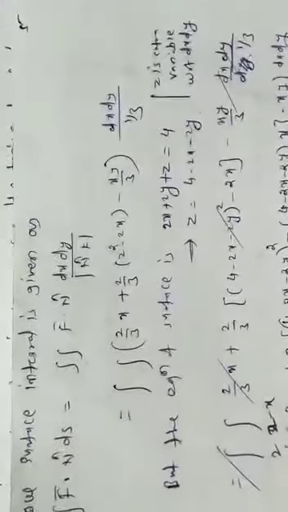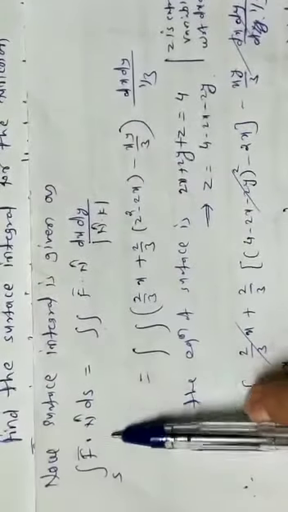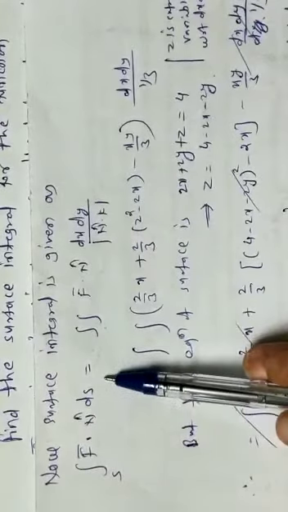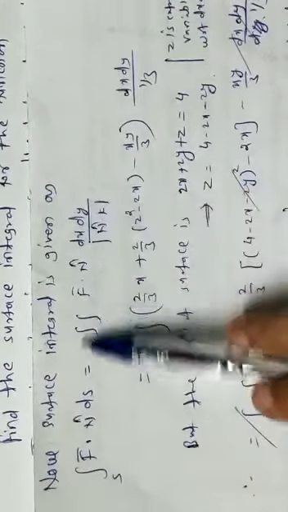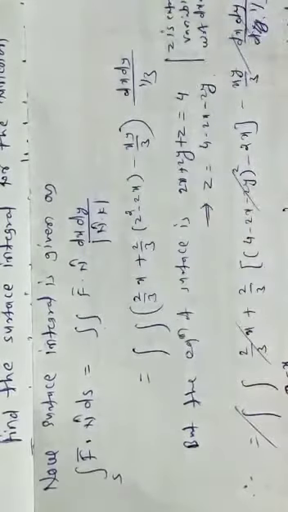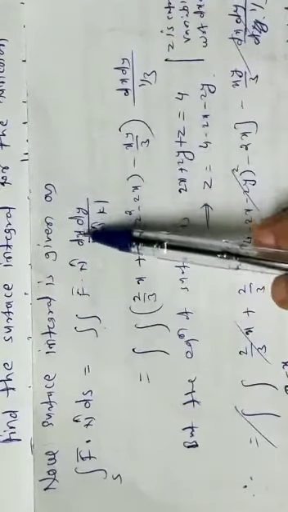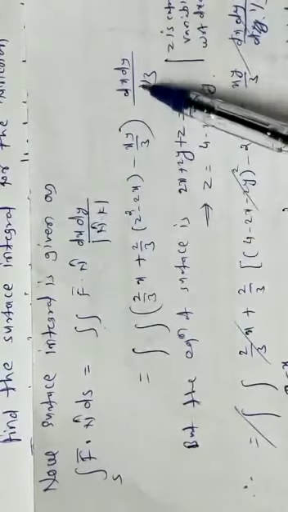Now look at the formula. In this formula of surface integral of f bar dot n cap ds, now when you are writing ds as dx dy, you have to convert it in the form of a double integral as usual. Okay, f bar dot n cap just now you got, that will be substituted, then dx dy, and this denominator you got 1 by 3.